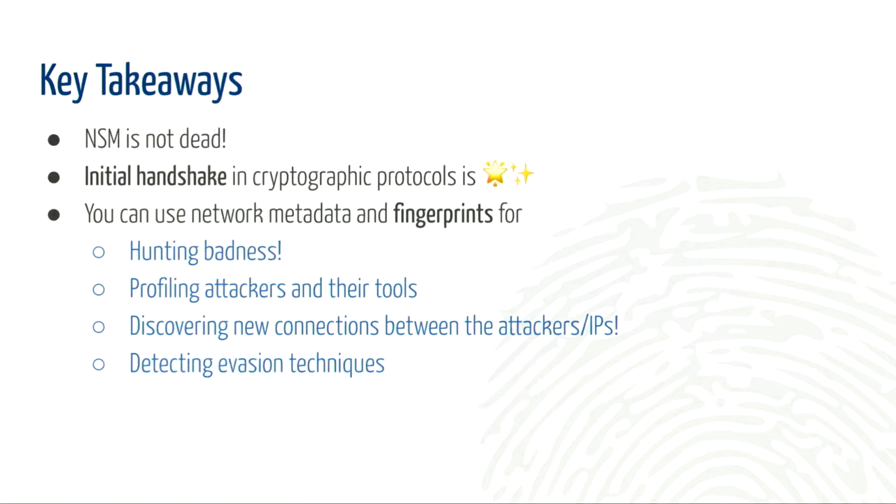We can use it for creating fingerprints to identify clients or servers, and hunt the badness by, for example, looking for rare fingerprints in your network, or looking at Python, PowerShell, or Go binaries connecting to weird domains. You can do that with fingerprints. You also saw that we can find hidden connections between actors and tools just by using these fingerprints.